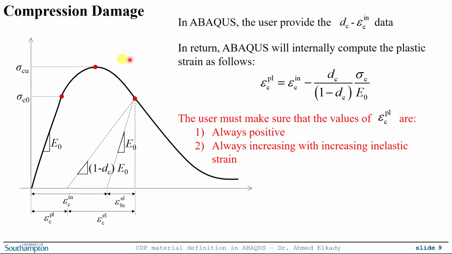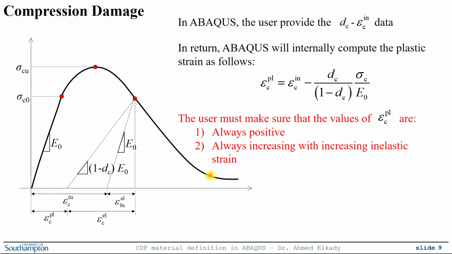So pretty much when we are trying to model this damage, we are trying to identify this parameter DC. So we want to say how much is this DC, which is pretty much the percentage loss of elastic stiffness as a function of the plastic strain. Of course, the more I go into the plastic range, the higher my damage parameter would be.